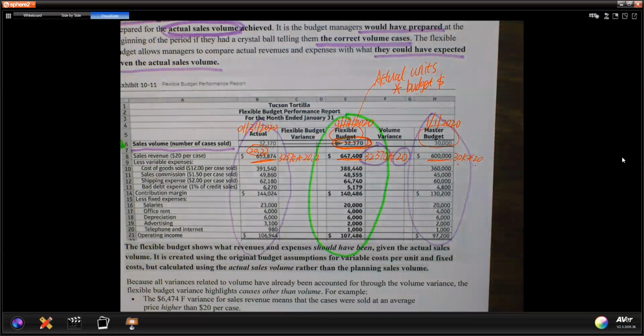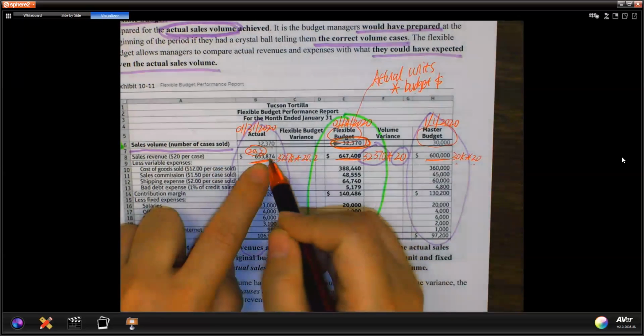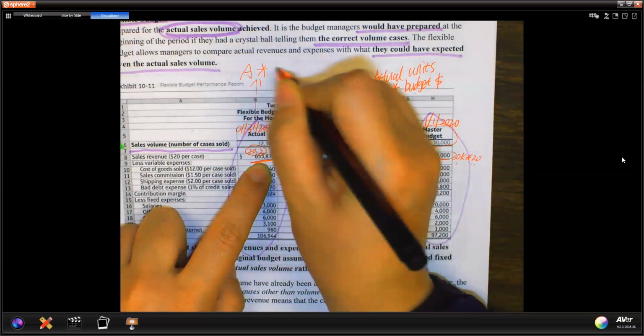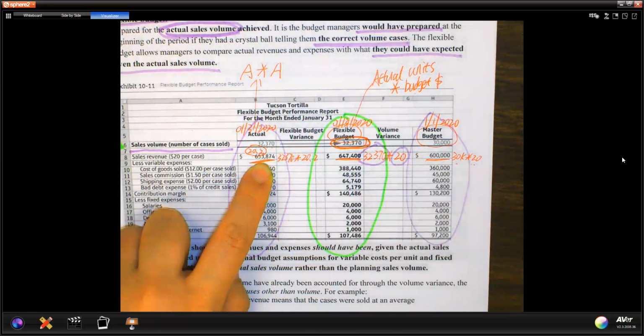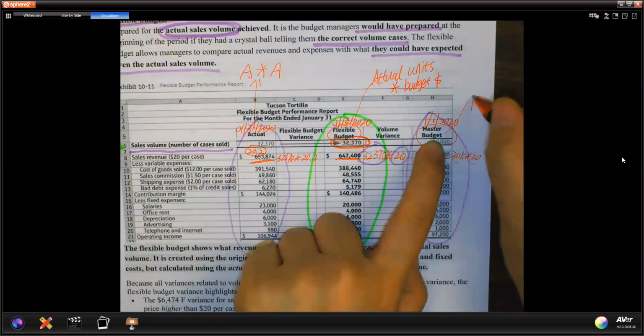So personally, the way I remember is actual revenue is your actual units times your actual price. Your master budget is your budgeted units times your budgeted price.